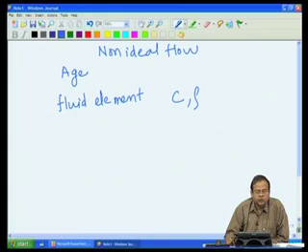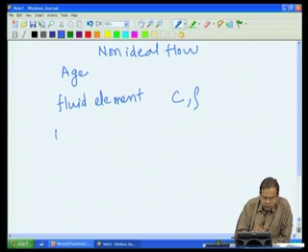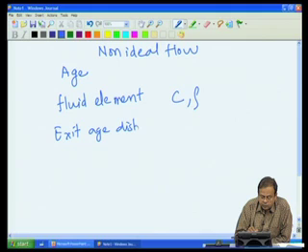Now, given this fluid element and this definition of age, let us try to define certain distributions that are used to characterize this fluid. And the first one we are going to define is what we call the exit age distribution.